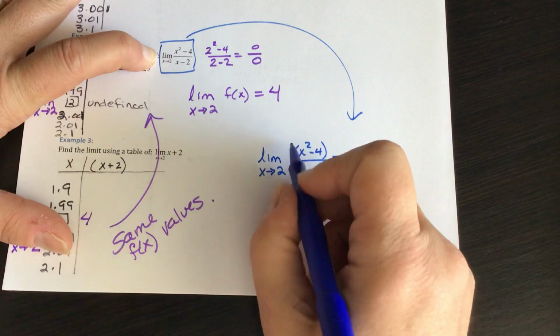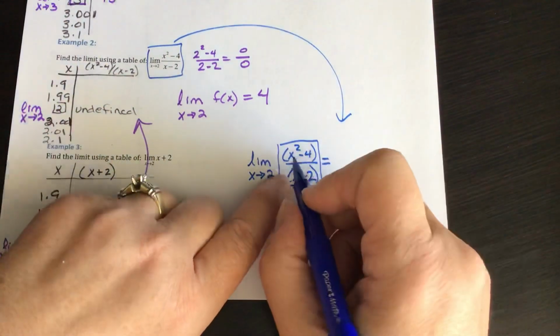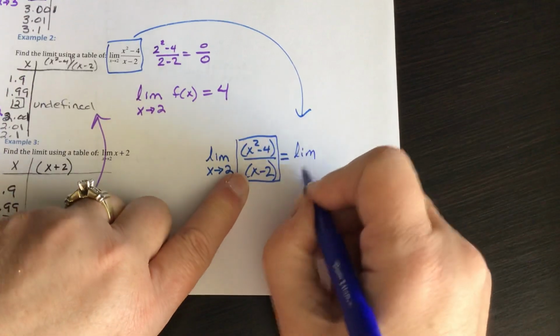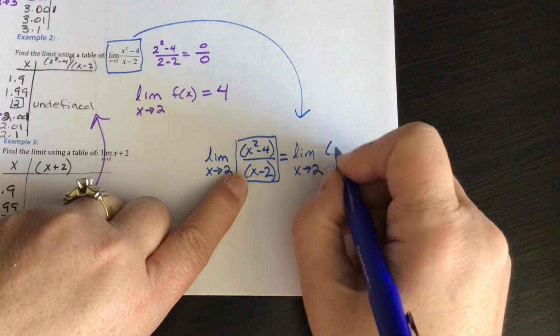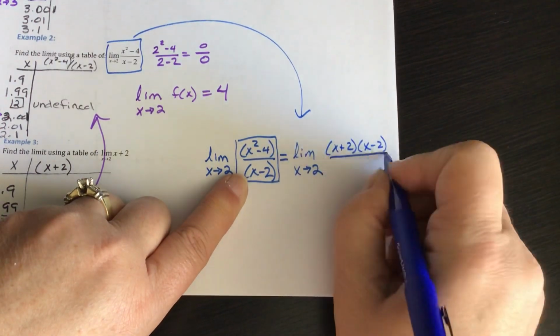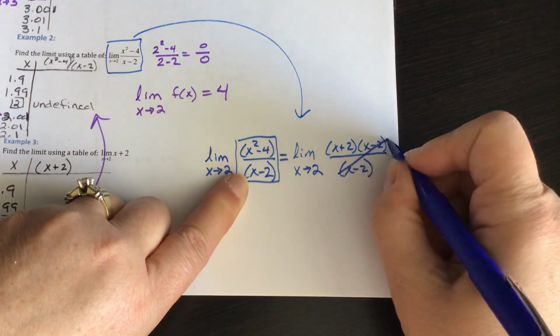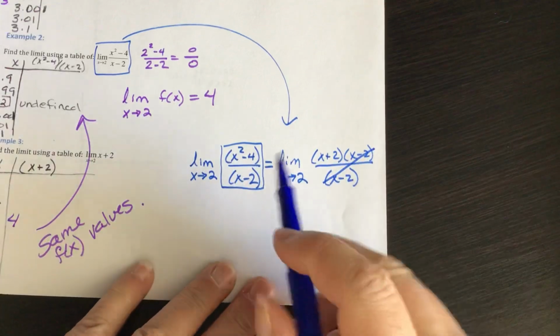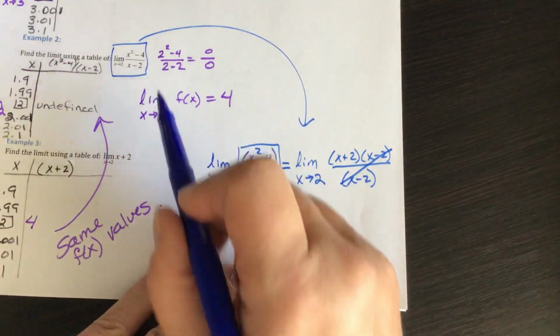So I can factor this part right here. So this would give me x plus 2 and x minus 2. And on the bottom, I have an x minus 2. And if we cancel those out, these are really the same function.